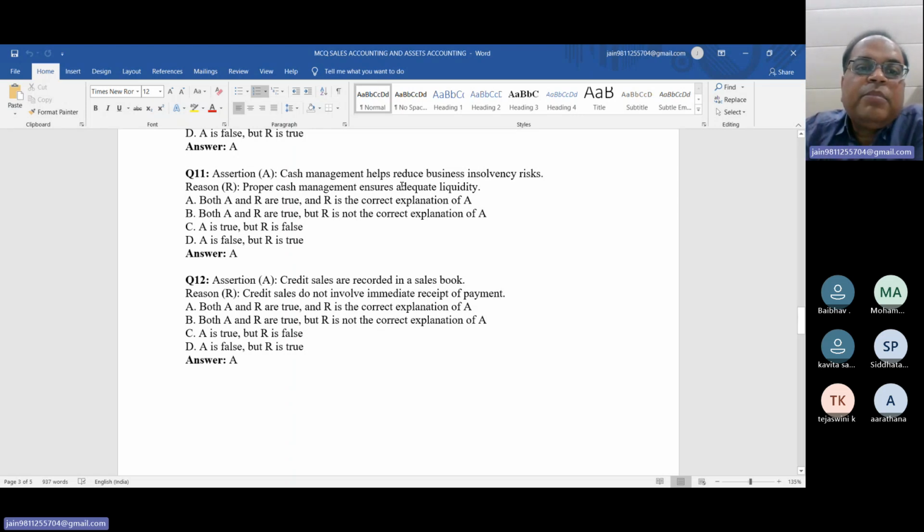Second, the reason: proper cash management ensures adequate liquidity. Both are correct, and the explanation is also correct. If your cash is managed, definitely there is adequate liquidity. So the answer is A. Both A and R are correct, and R is the correct explanation of A.